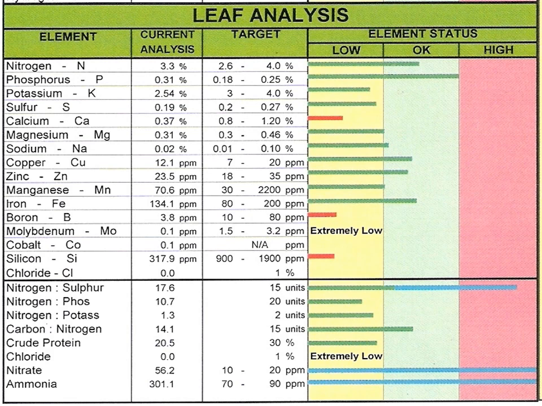But, hey, in the leaf, one of the problems here is there's not enough molybdenum, and the molybdenum is the basis for converting these things into amino acids.